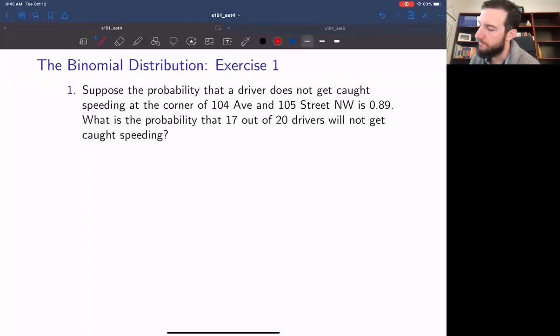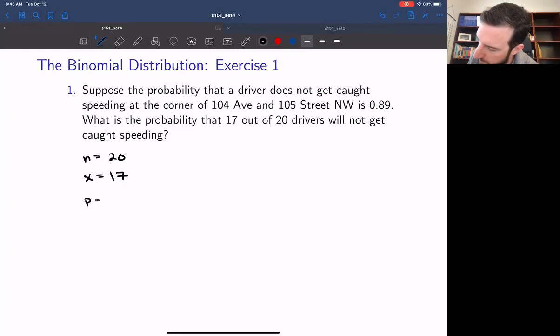Okay, so we're going to say little n is equal to 20. So we have 20 different drivers of interest to us going through this intersection. Little x is equal to 17. So we want to know the probability of 17 out of 20 drivers not getting caught.